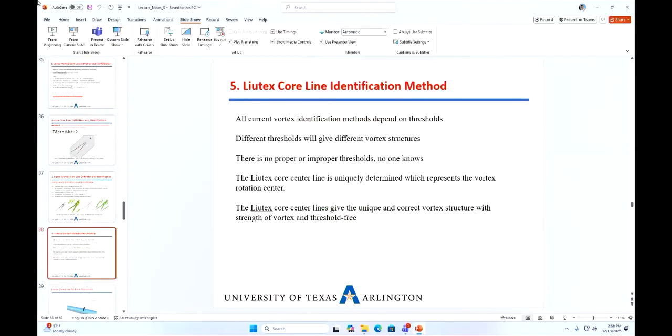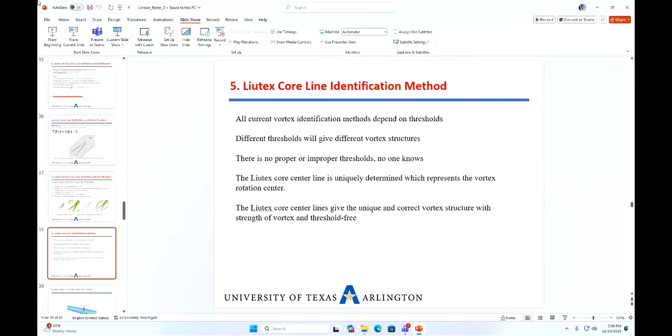As I said, all identification methods depend on a threshold. A different threshold gives a different vortex structure. Some say we need a proper threshold. What does proper or improper mean? We don't know. The vortex core line is unique.